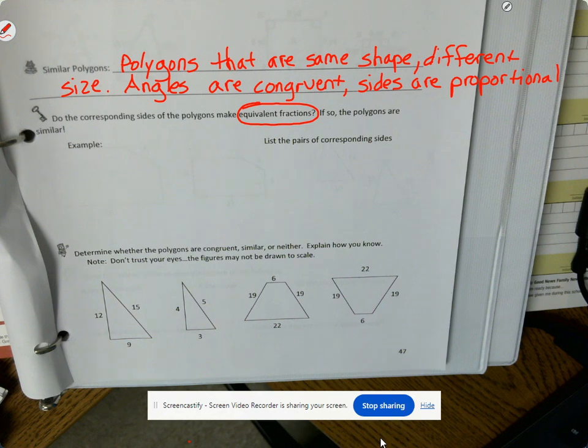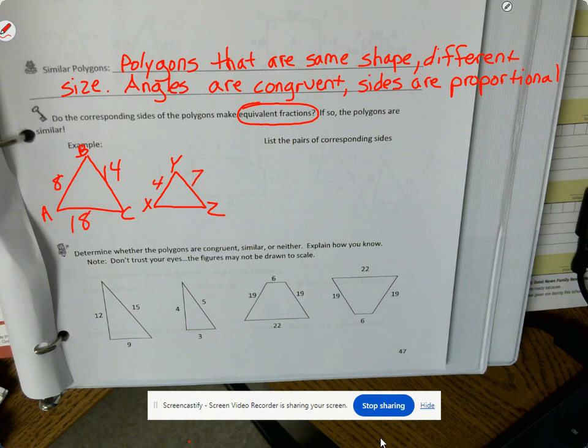So we could have, let me draw this triangle better. So we have triangle A, B, C, X, Y, Z. If I say this is 8, this is 14, and this is 18, this would be 4, 7, and 9.